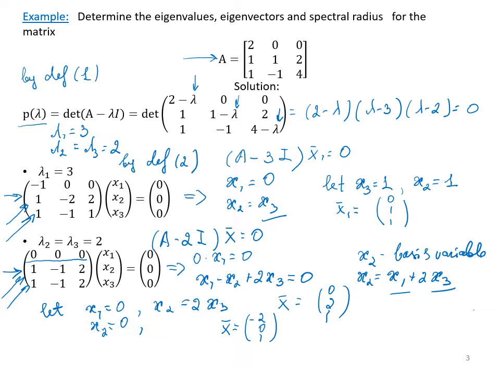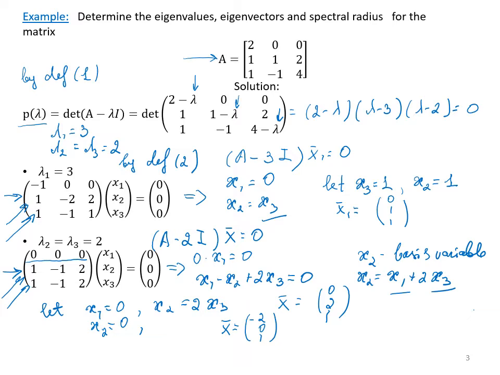What does it mean? It means that the eigenvectors of matrix A corresponding to the eigenvalues lambda 2 and 3 equal to 2 generate a plane.